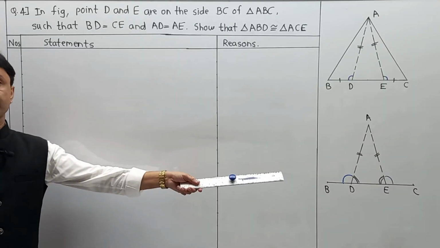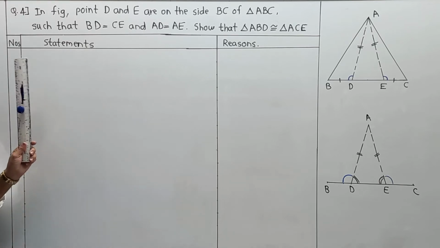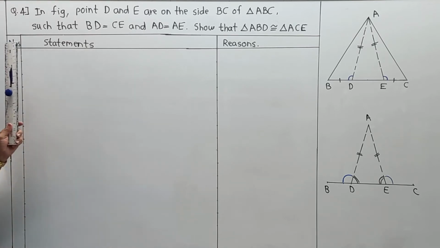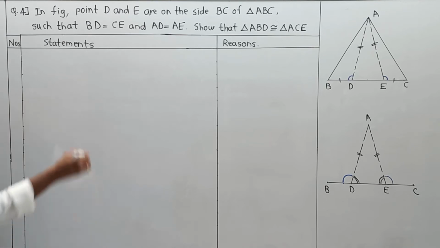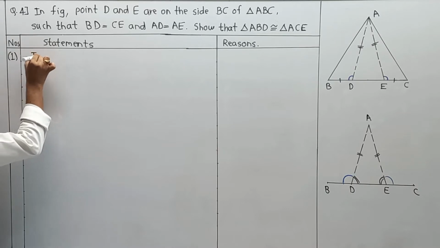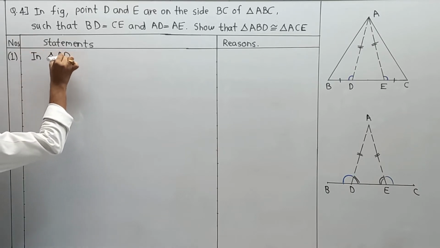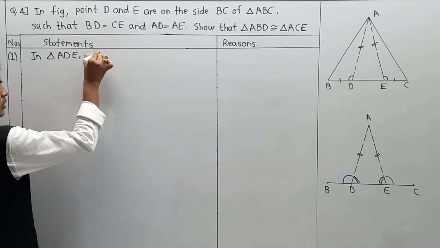Now whatever explanation we have given in terms of the diagram, we are going to write here in the form of grouping and numbers. So please pay attention. We are going to write the answer in the form of number, statement and reasons. Starting with the first triangle, triangle ADE. In triangle ADE, they have given AD is congruent to AE.